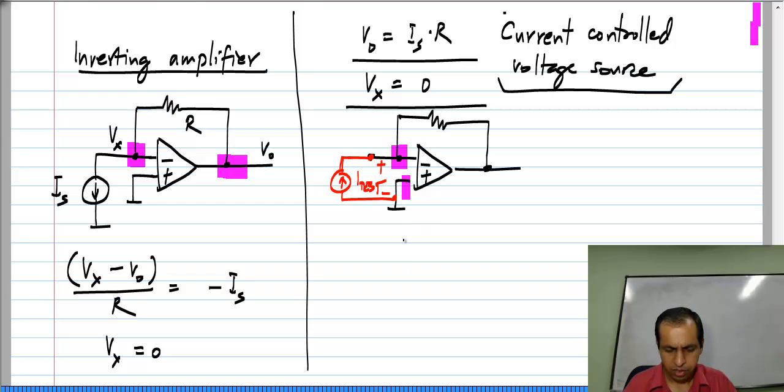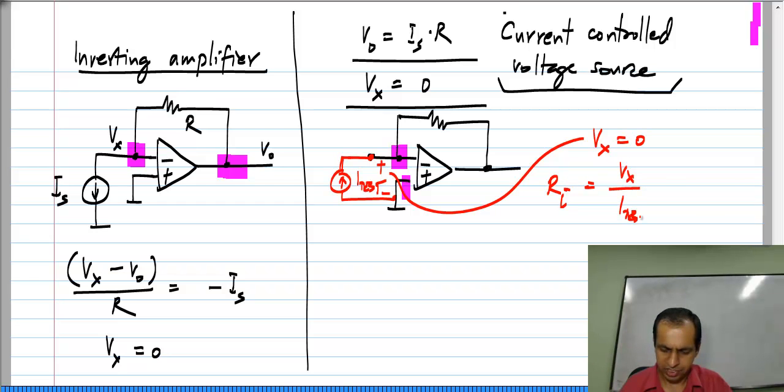Okay. So, that means that basically that voltage V x is 0. So, the input resistance R a is V x by I test, which is 0.